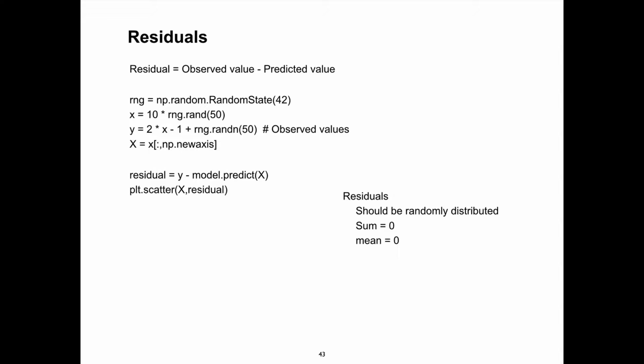And if indeed the process is a linear one, you'd expect that when we fit the data with a linear line, approximately half the data will be above the line and half below, and with enough data, it shall average out, right? So that means several things. One is you expect residuals to be randomly distributed. There shouldn't be any pattern to it, and you expect the sum to be close to zero and the mean close to zero.